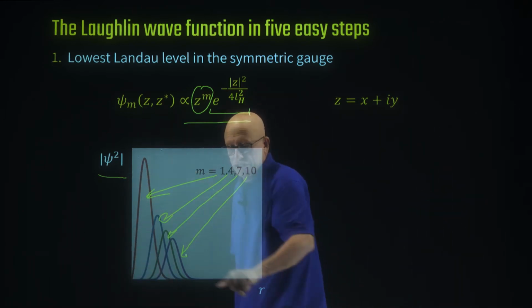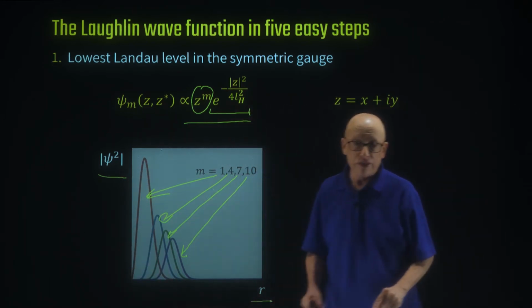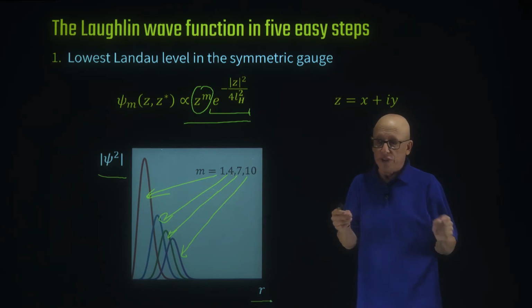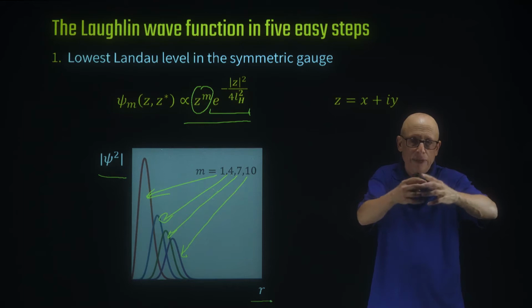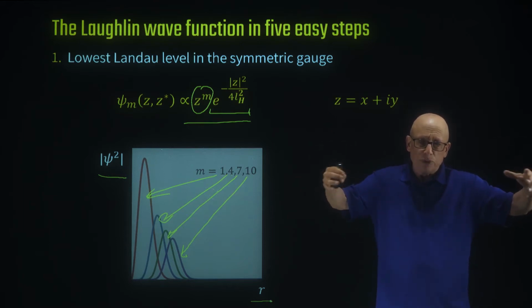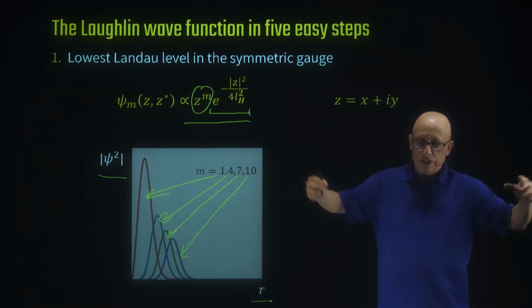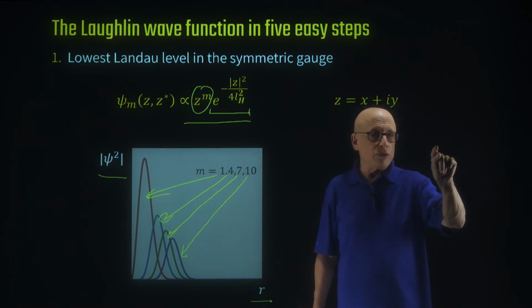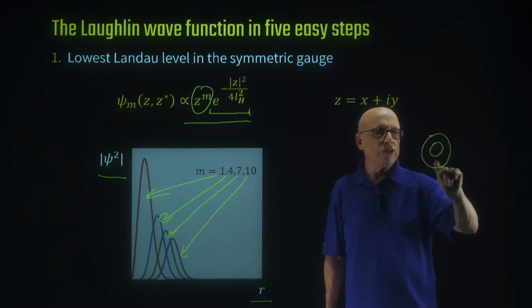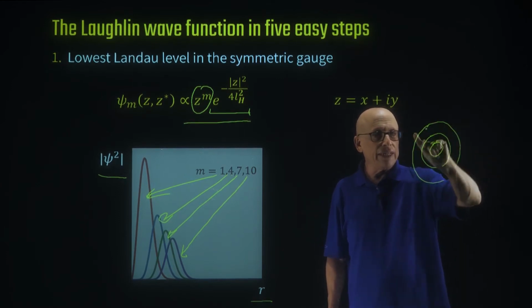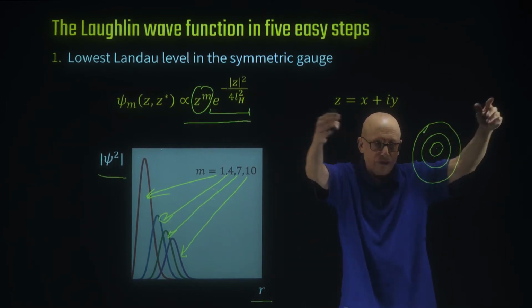So this is the wave function squared as a function of distance from an arbitrarily chosen origin. The higher the m is, the farther the wave function squared is from the origin. This is m equals 0, this is m equals 1, this is m equals 4, this is m equals 7, and so on and so forth.